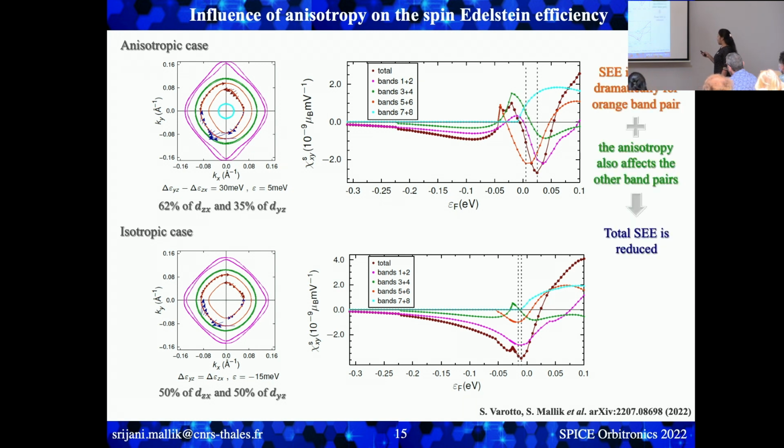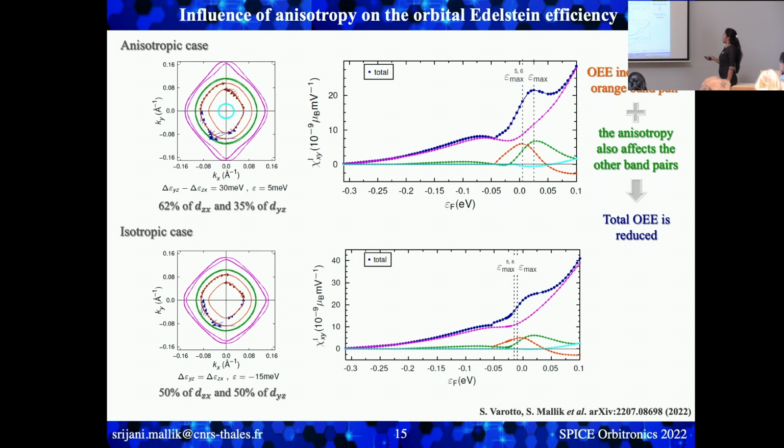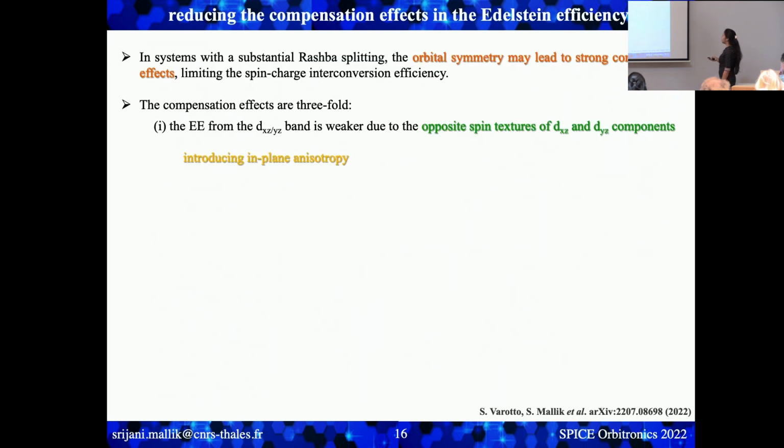But finally, the total Edelstein effect is not just from the orange. It also has a contribution from other bands. So even introducing anisotropy, we could not really improve a lot.